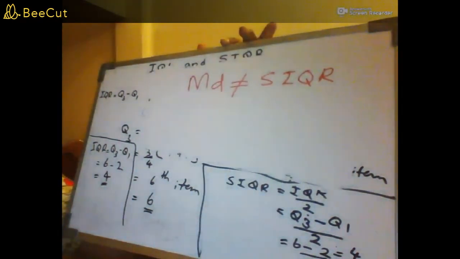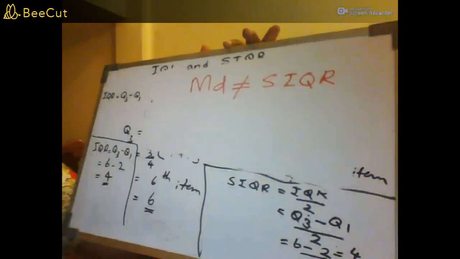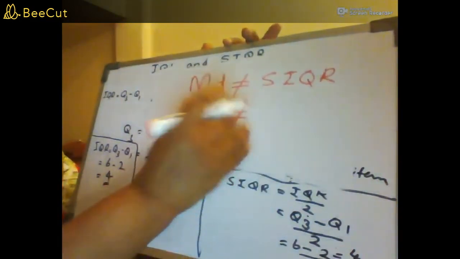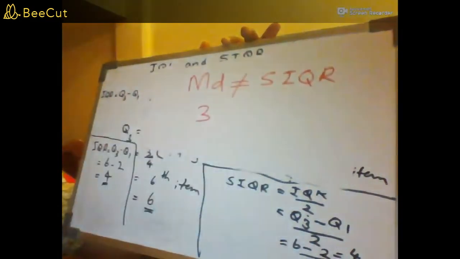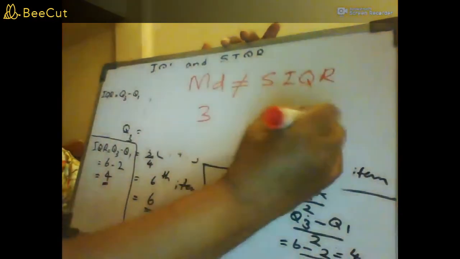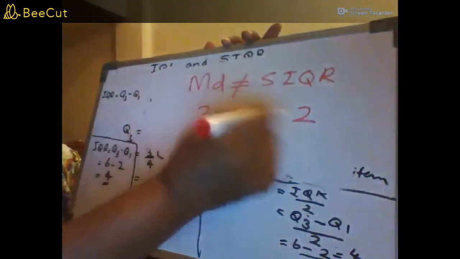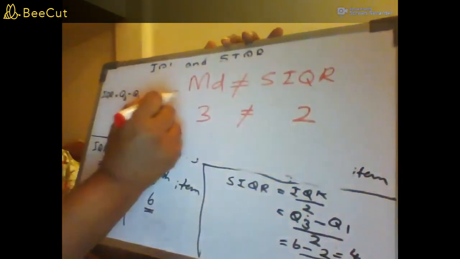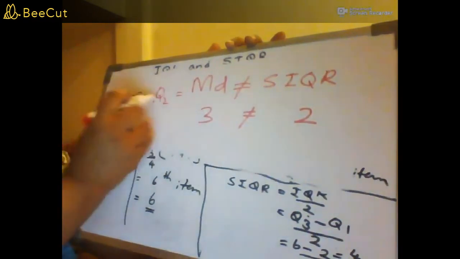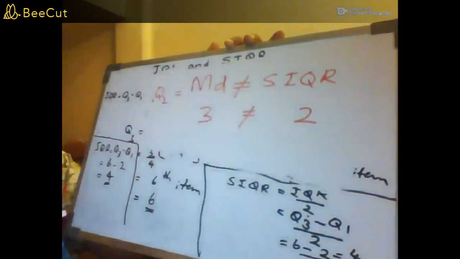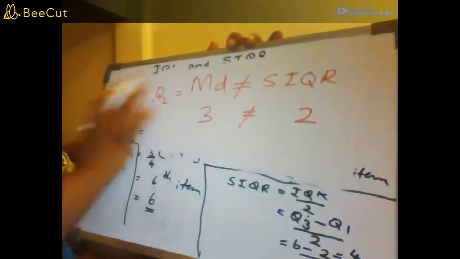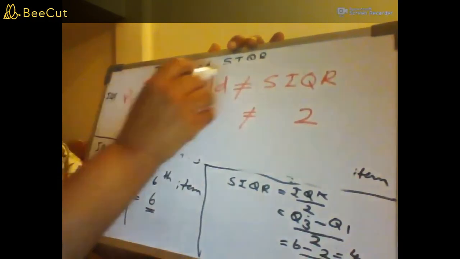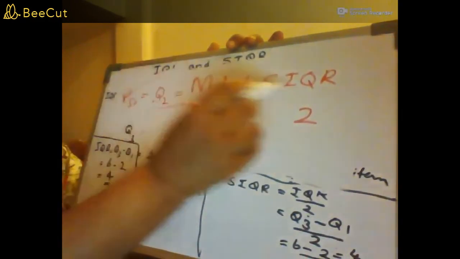Here we got Q2 as 3. It does not equal SIQR, which is 2. So we can see that median does not equal SIQR. Median means Q2. Q2 is not SIQR. Q2 means P50. So the median is not SIQR.